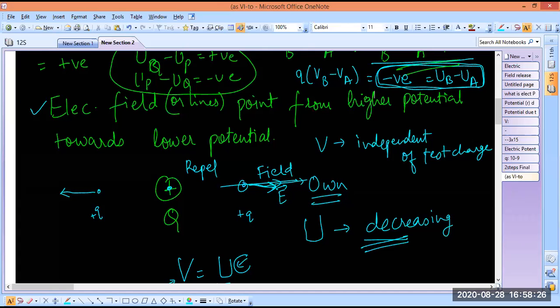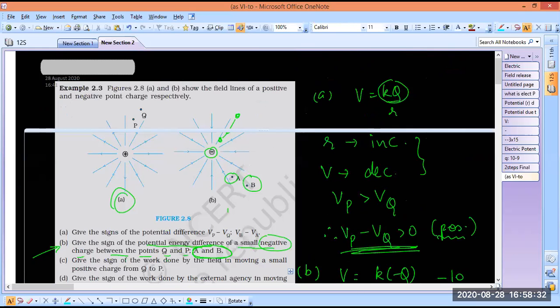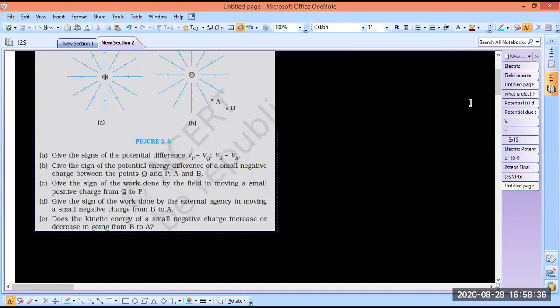Fine. Let's go to C. And I'm going to take the diagram on a new page now. I don't like this. Can't it be an MCQ? It can be an MCQ, but if it is like this, there will be big trouble.